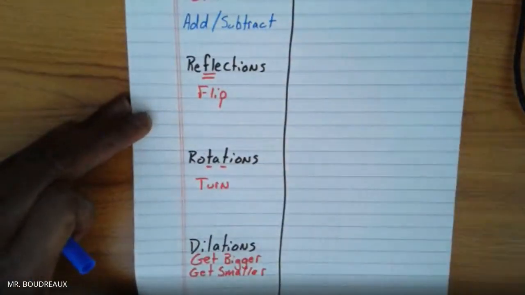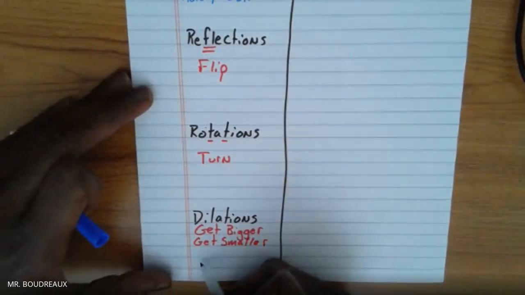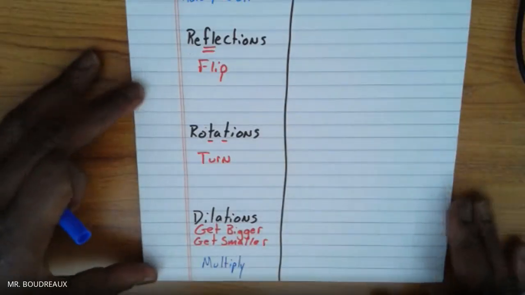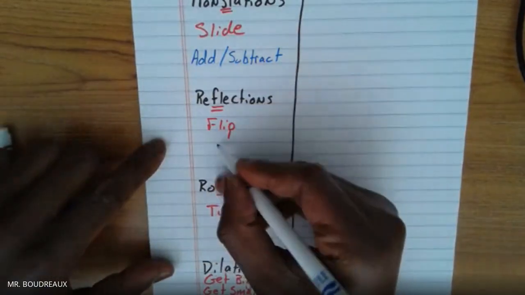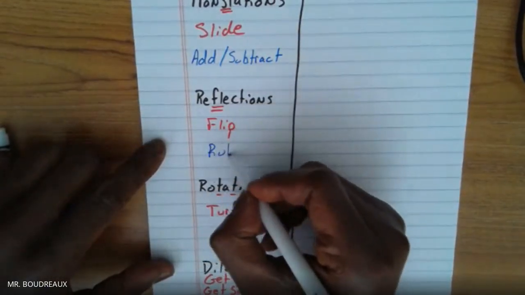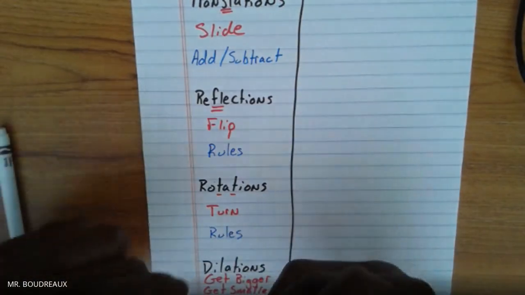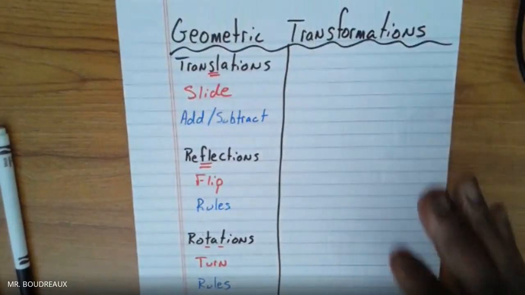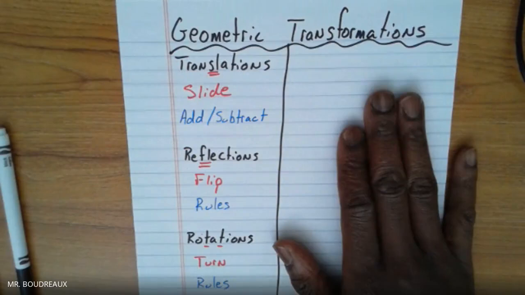And I'm going to jump down to dilations, because that one has an algebraic expression of just multiplying. That's all you're going to see is multiply. When you get to reflection and rotation, you just have to remember the rules. I'll give you the rules in just a moment. And when it's time to look at the algebraic expression, I'm going to keep the blue so you know that it's all the same thing.